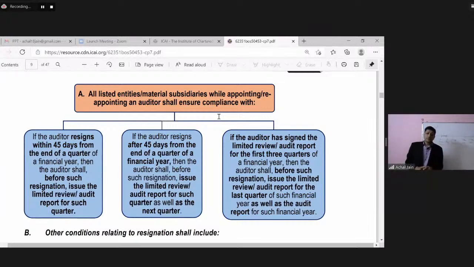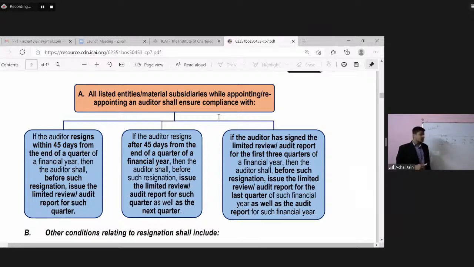Requirement number 2. If the auditor resigns after 45 days from the end of the quarter, means somewhere over here, then the auditor shall, before such resignation, issue the limited review or the audit report for such quarter as well as the next quarter.